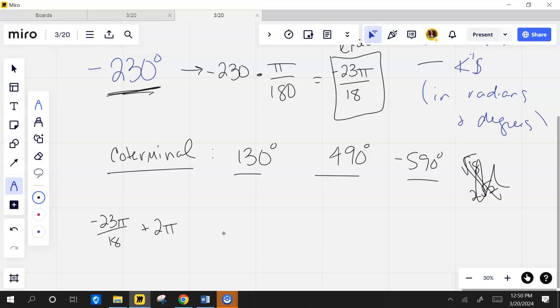Math enter, enter. Negative 23 over 18 plus 2.